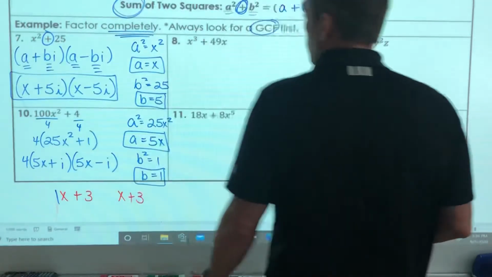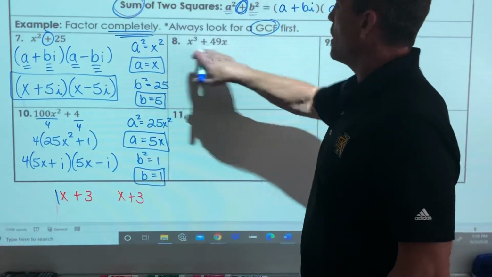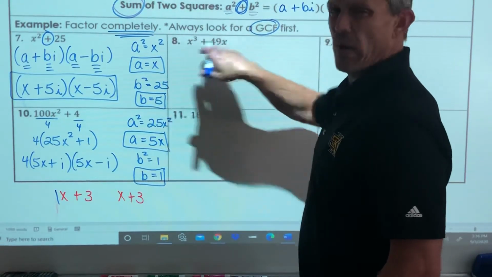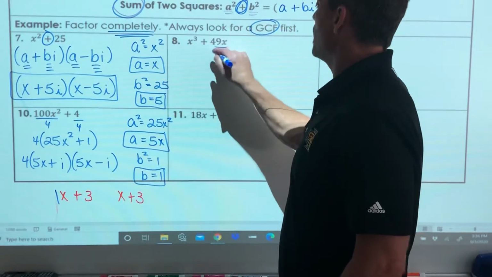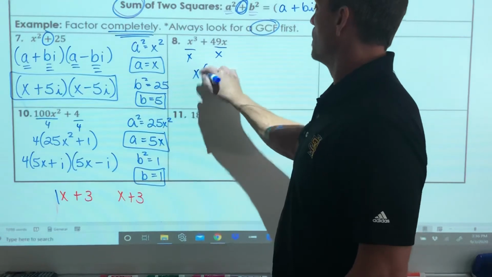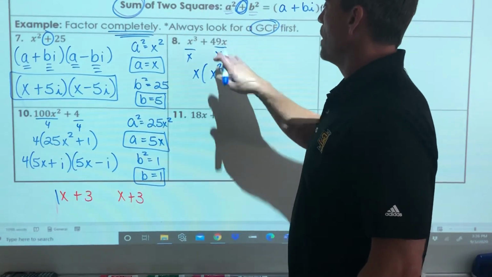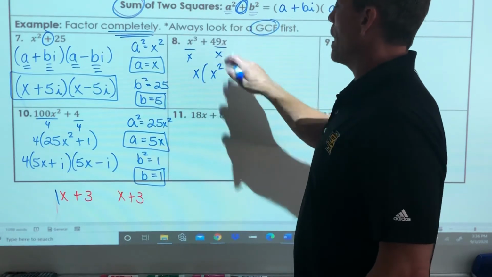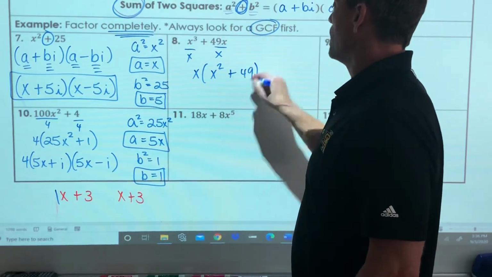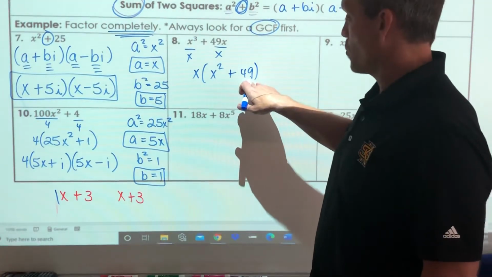All right? So let's do 8. Let's come up to 8. 8, a little bit more of a challenge. When you see things like this, where there's multiple x's involved, more than likely an x is going to come out. That's my GCF. x to the third divided by x is x squared plus 49x divided by x is 49. x perfect square. 49 perfect square.